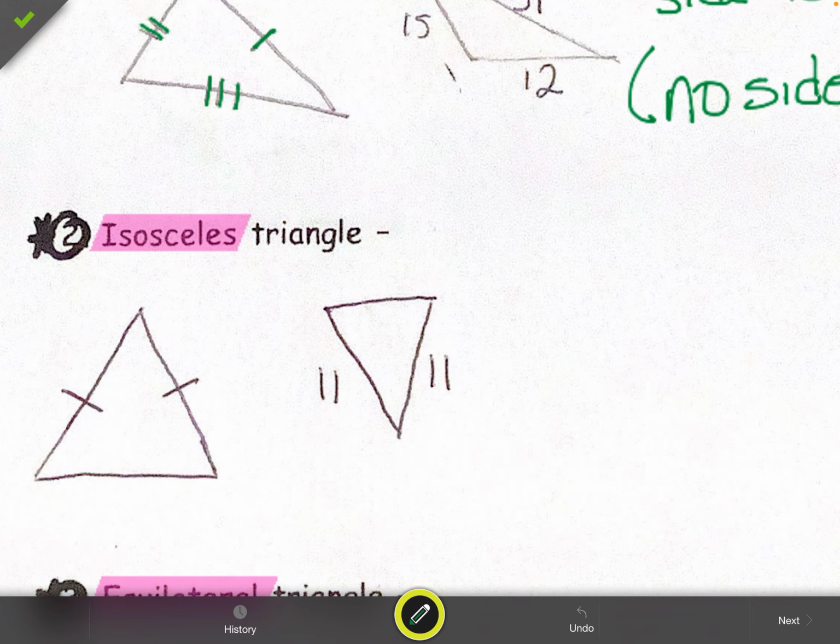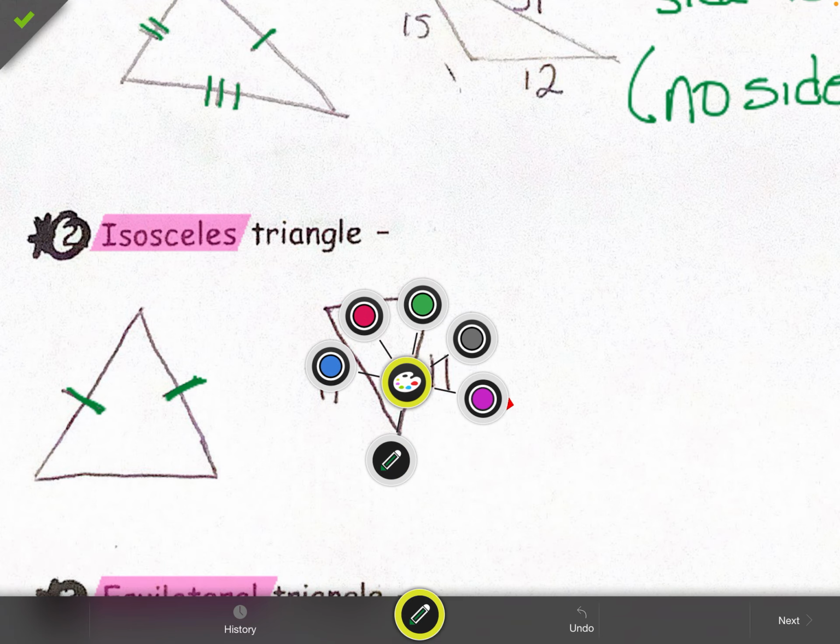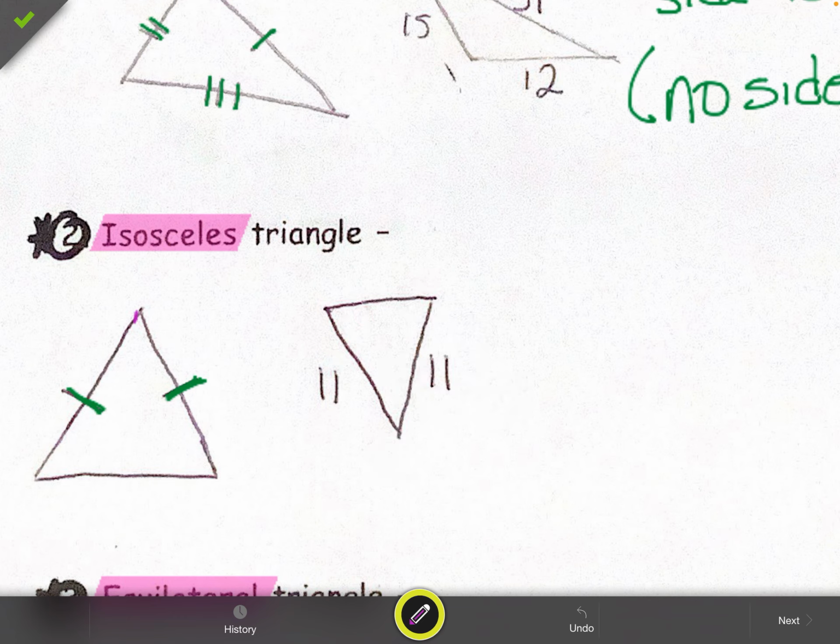The second type that you can see is called an isosceles triangle. Again, two different pictures. Notice that this side has one tick mark and this side also has one tick mark. What they're showing you by marking the sides exactly the same is that they have the same length. So this side is the same length or measure as that side when they have identical marks.